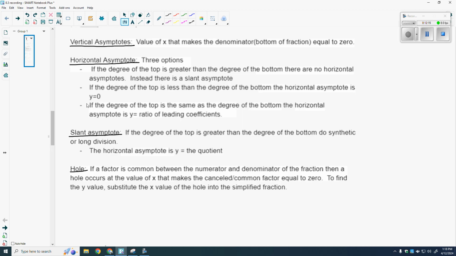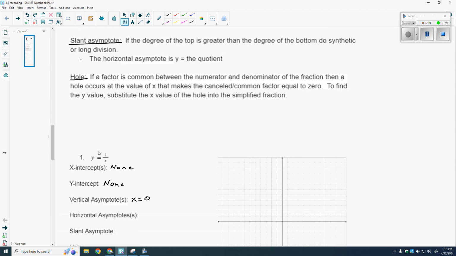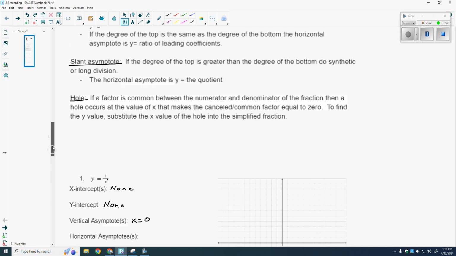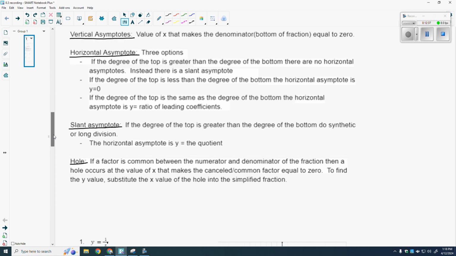The degree of the bottom would be the largest exponent of the bottom. So in this case, the degree of the top is 0 because there isn't an x up here. The degree of the bottom is a 1 because that's a 1 right there. Okay, so the degree of the bottom is bigger than the top.